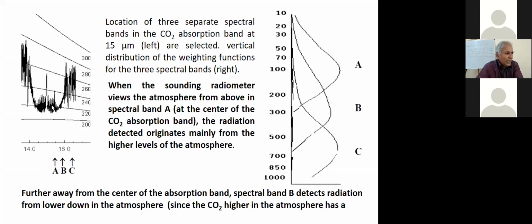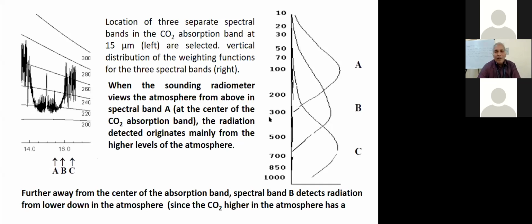At the center of the strong absorption band, where K lambda is maximum, the contribution comes from the upper layers of the atmosphere, centered around 100 hectopascal. Farthest from the strong absorption band, the weighting function has a maximum around 700 hectopascal, and at a wavelength intermediate between the center and the wings, the maximum of the weighting function d tau by dp is somewhere at 300 hectopascal.